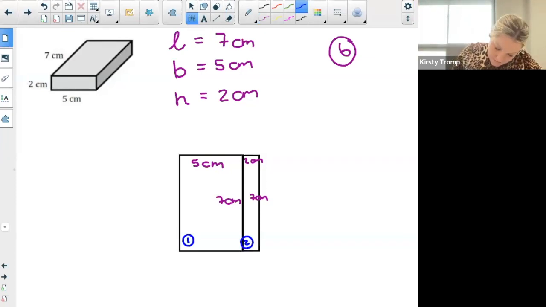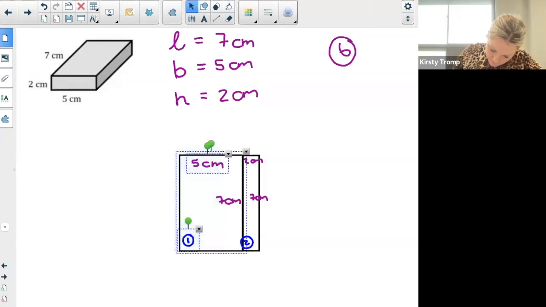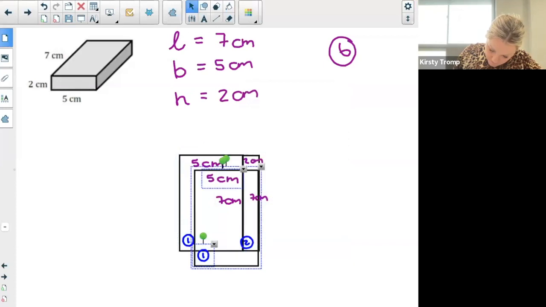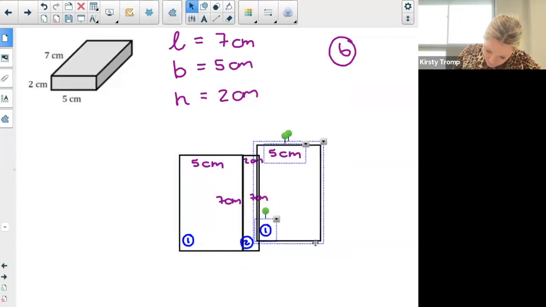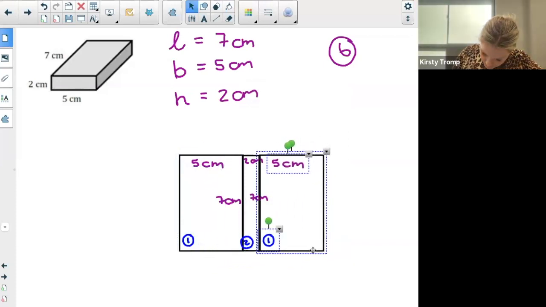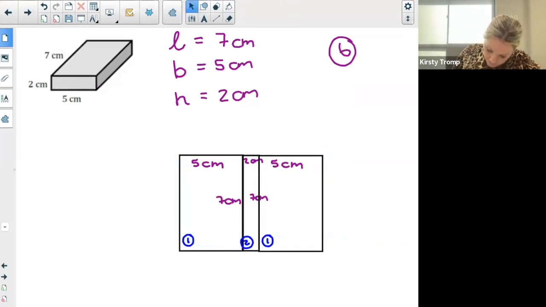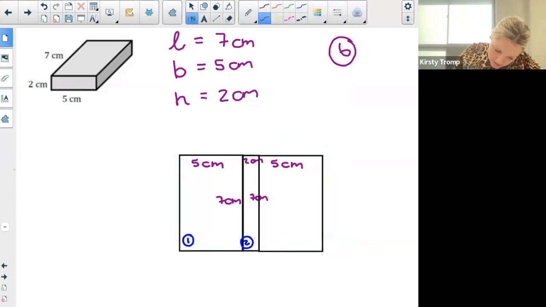Next, if we're unwrapping our box, we're going to have another big side here. I see that I've got side number 3.